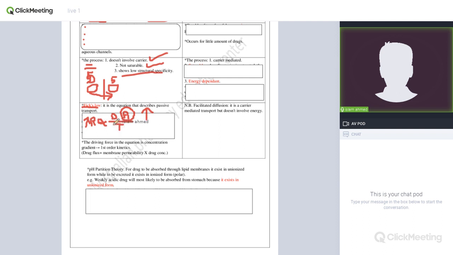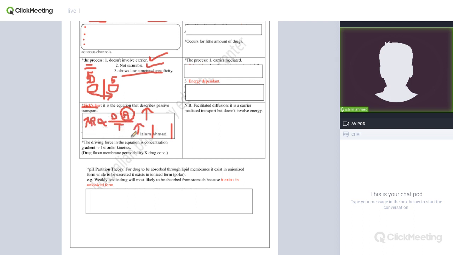Now, the thickness of the membrane. If the thickness of the membrane to be penetrated to reach the blood is very wide, a very high value, that means the diffusion rate will decrease.